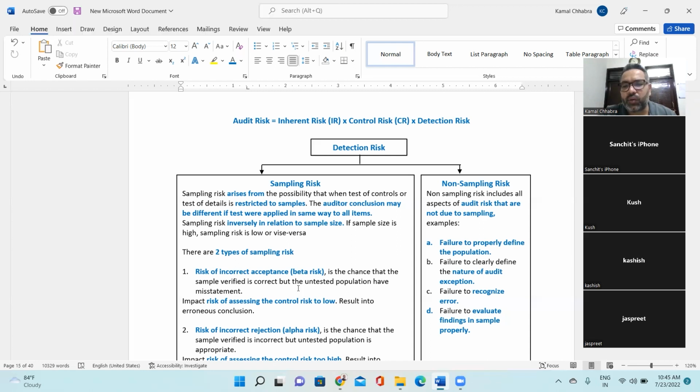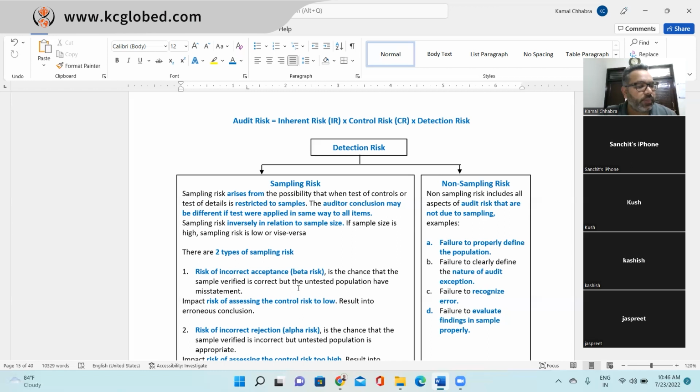Second is failure to clearly define the nature of audit exception. So what will be an exception? Generally we consider any item with a difference above the tolerable error as an exception in the respective sample, right? That's how you do audit.